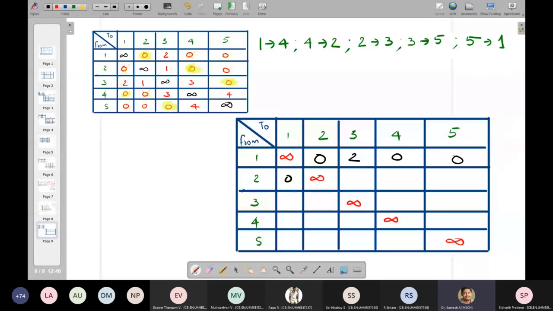This is 2, 1, 3, 0. This is 0, 0, 3 and 4. This is 0, 0, 0 and 4. Now what I told is that instead of selecting the 0, I am moving from city 1 to city 4. So when I select this, automatically you can see the lowest here has been struck off.